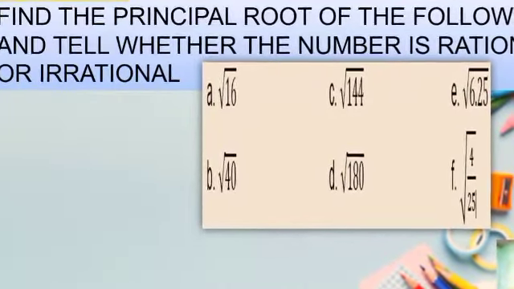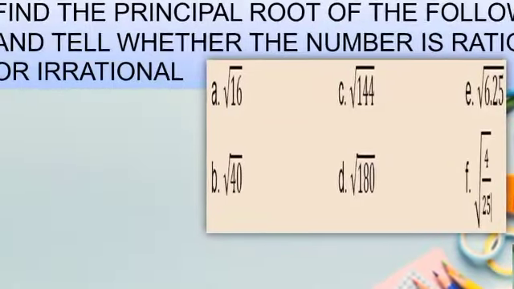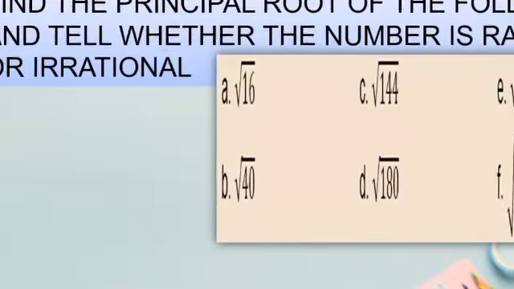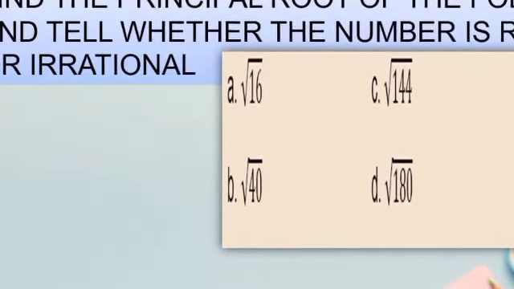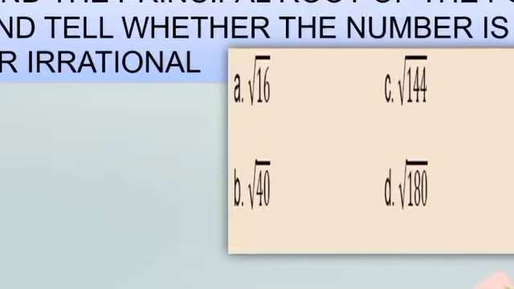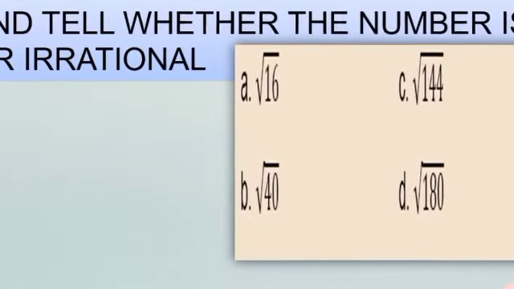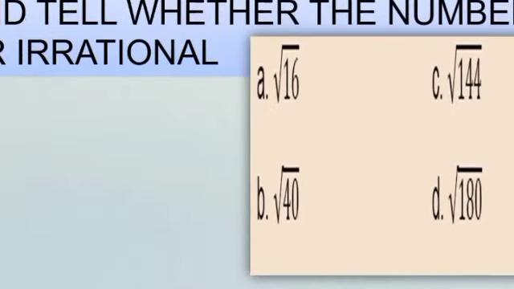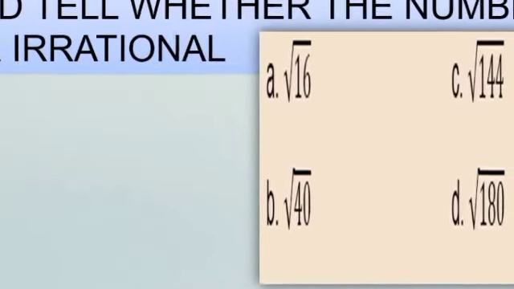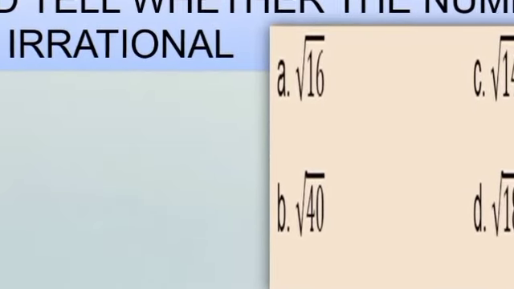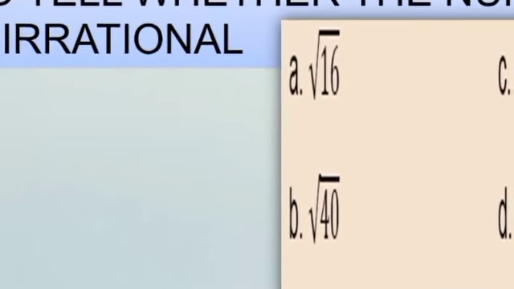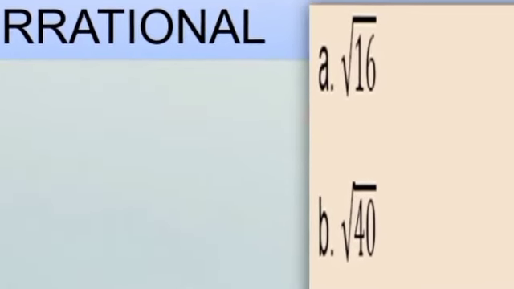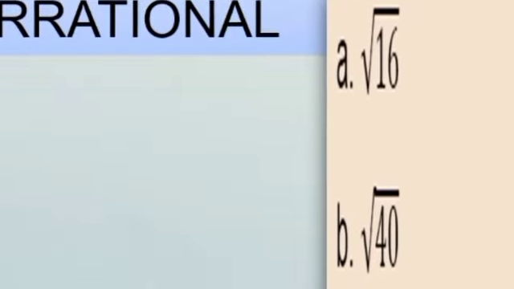A is the square root of 16, B square root of 40, C square root of 144, D square root of 180, E square root of 6.25, and F square root of 4 over 25. So let's look for the perfect squares, or the ones that will have a principal root which, when multiplied twice, gives our radicand.